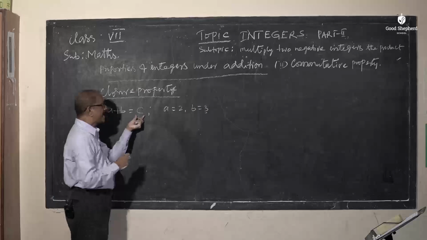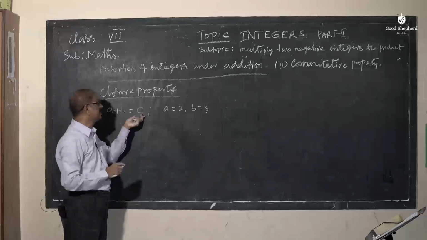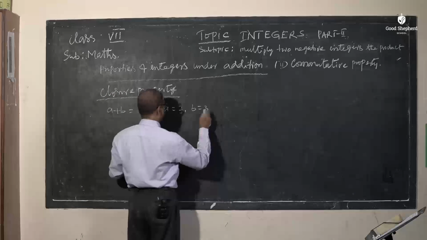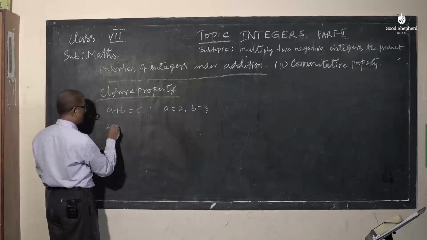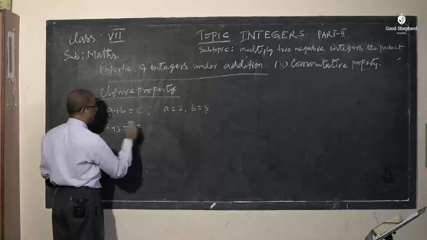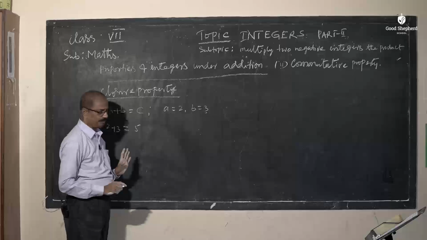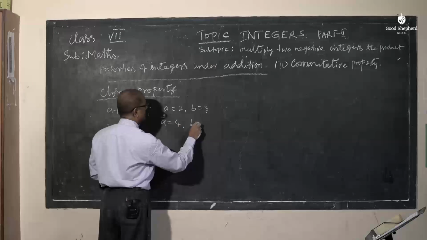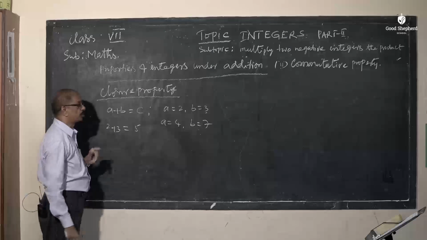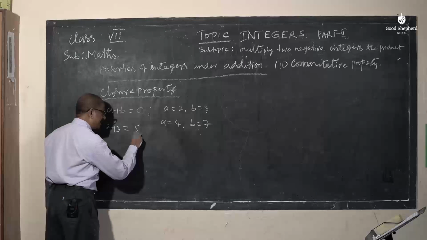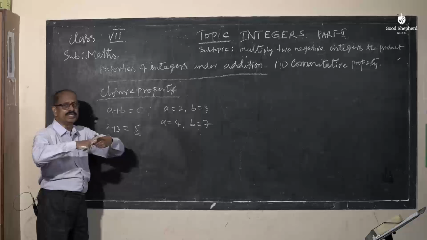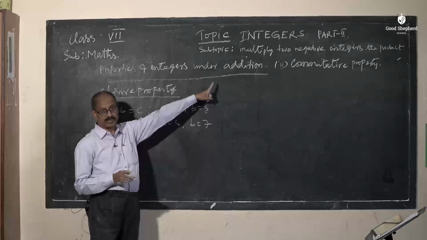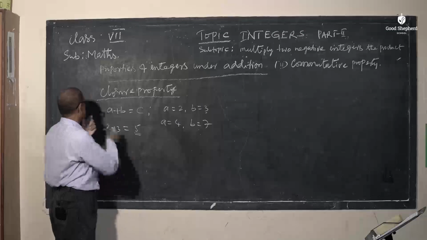Then the result, 2 plus 3 is equal to 5, is also an integer. Give any integers, like a is 4 and b is 7. The sum of two integers must be an integer under addition. That is called the closure property.